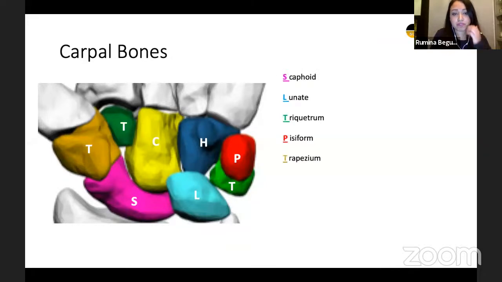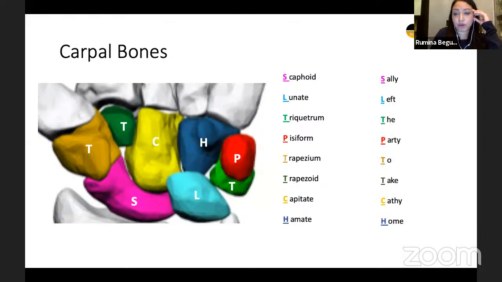And then going back to the base of the thumb, you've got the trapezium, the trapezoid, capitate, and the hamate. They're important to remember, and there are various mnemonics out there to help aid what the bones are. The one that I've used in the past is this. It's a more PG rated one.